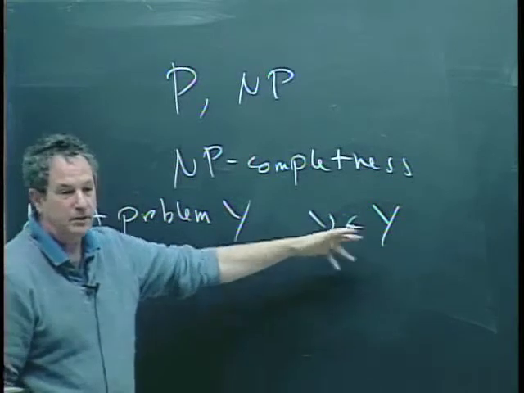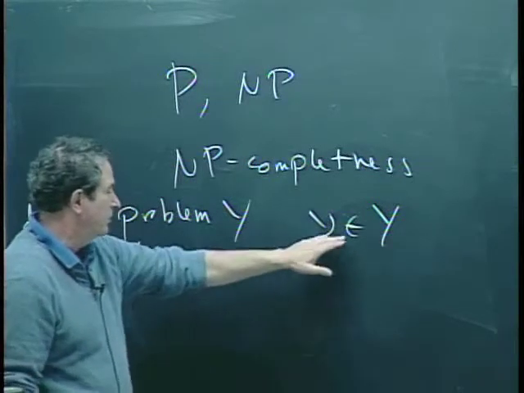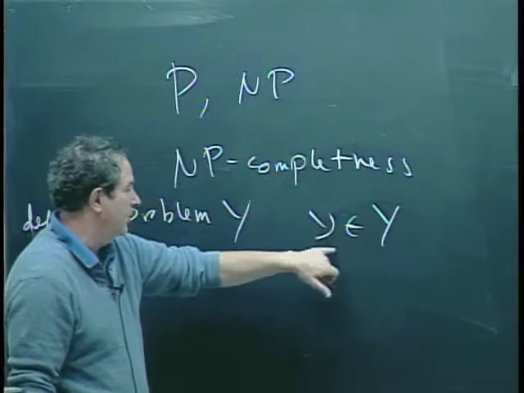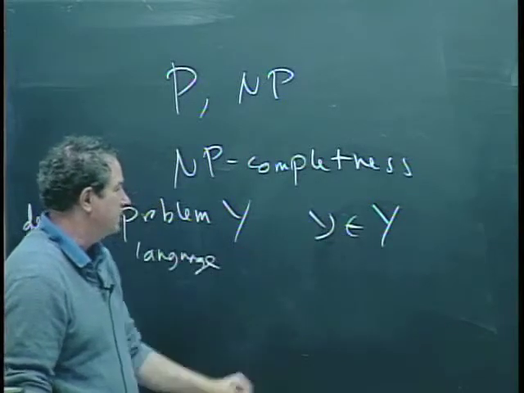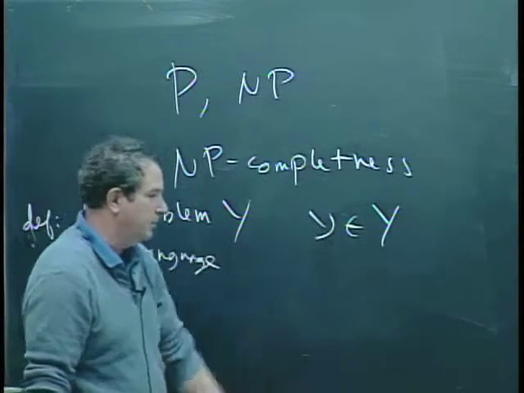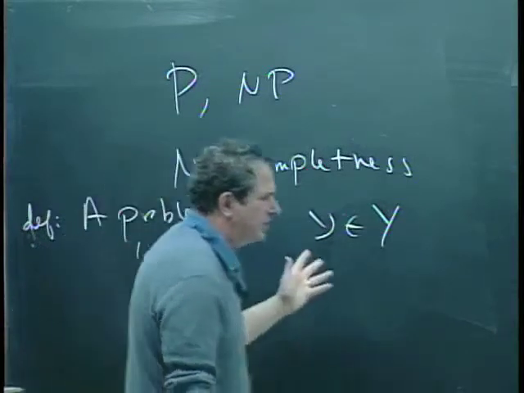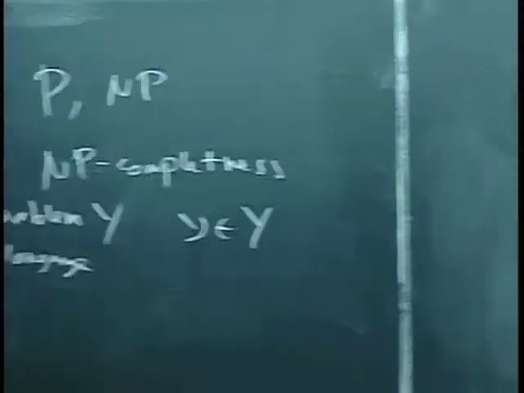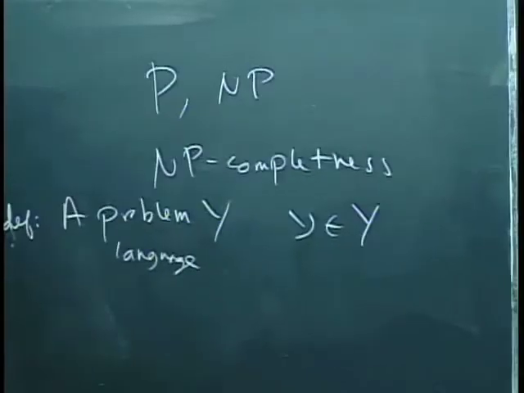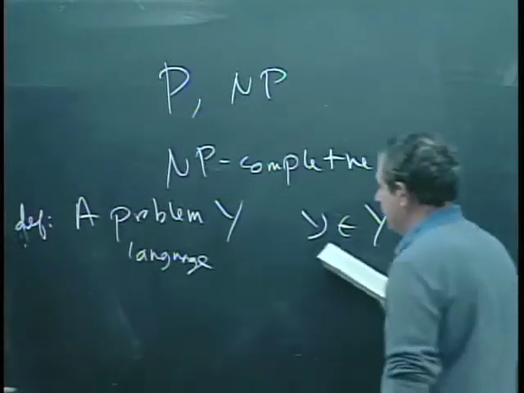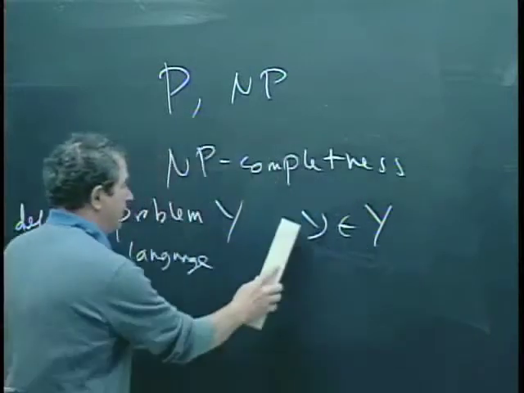In that case, little y is contained in capital Y. But as far as I could tell, they never defined that. So maybe I'm wrong. If somebody sees it in the book where they explain what this notation means, let me know.